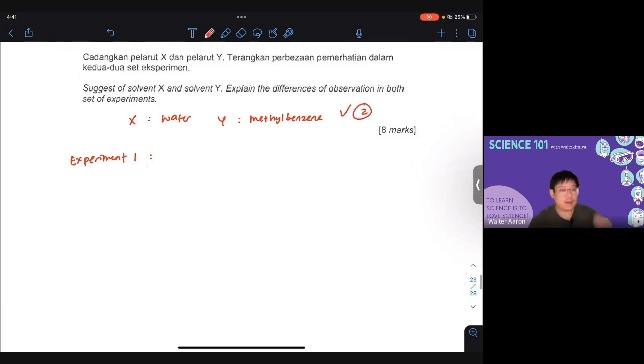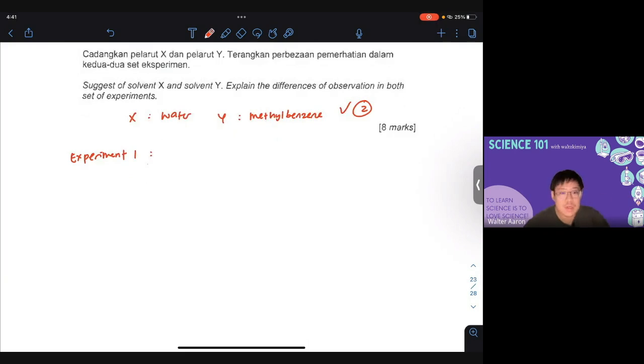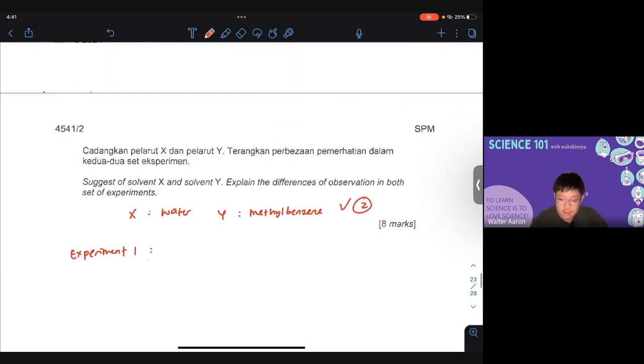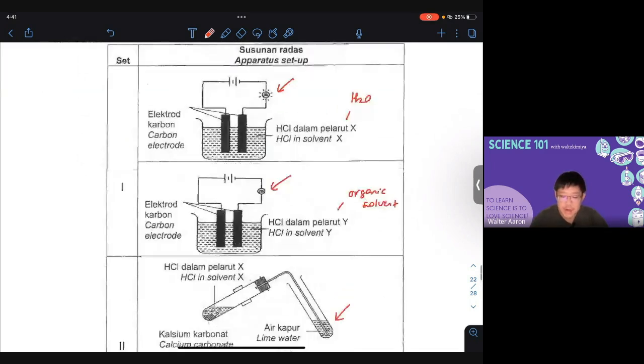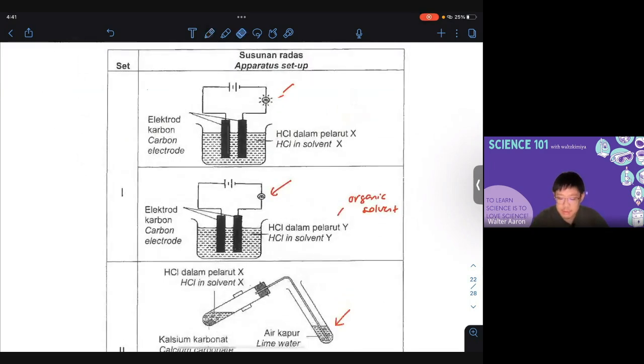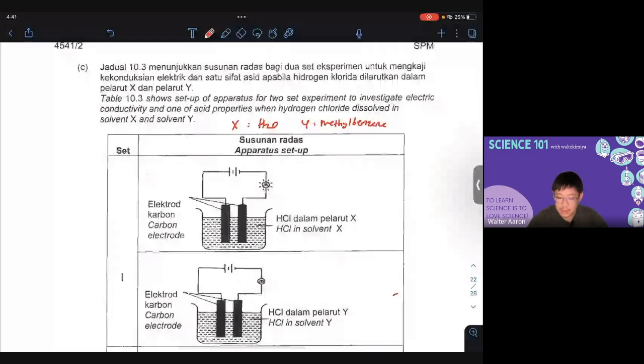Now I have to explain the properties of each. For set number 1, I'm going to explain here so that you all can understand better, instead of writing at the bottom there because you cannot see it. We know that X is supposed to be water and Y is methyl benzene or any organic solvent.